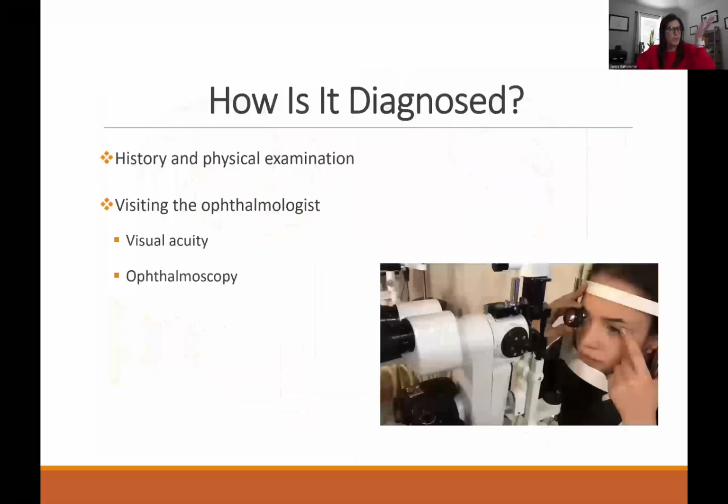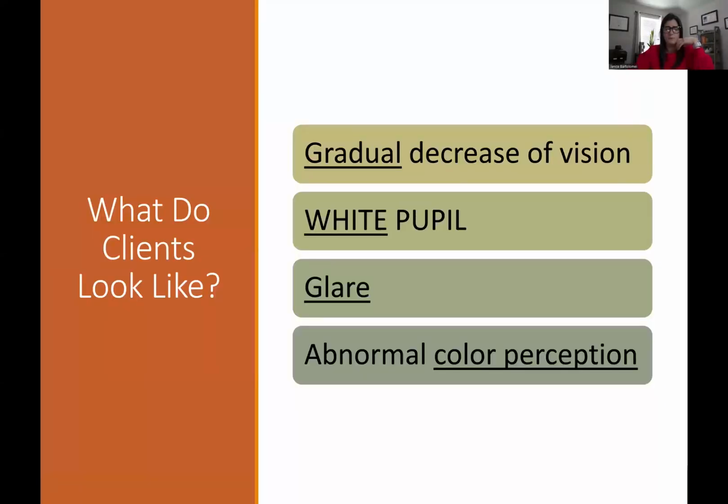We diagnose it by examination through your ophthalmologist. And sometimes you almost don't even need an ophthalmologist; you can see it by just looking at the individual's pupil. So you have this decrease of vision. Imagine it's blurry, right?